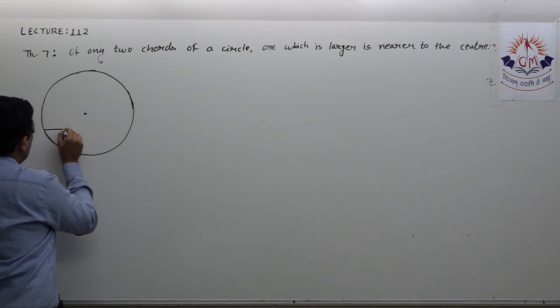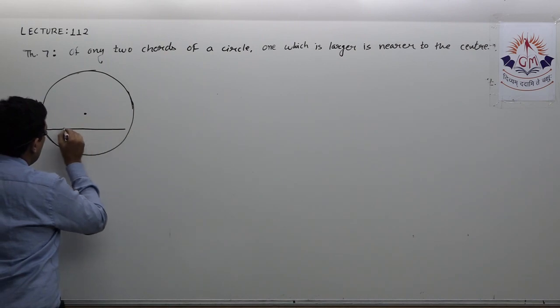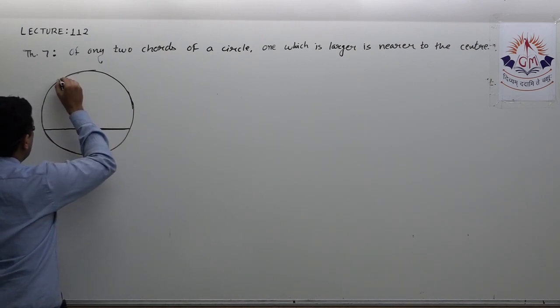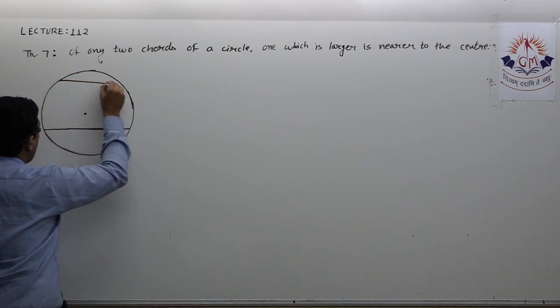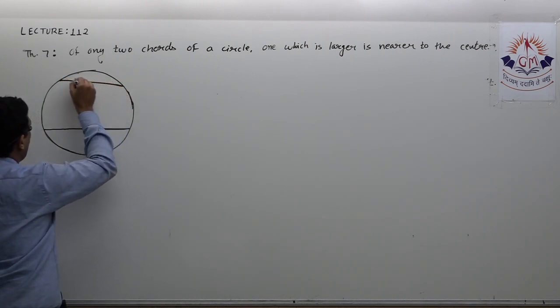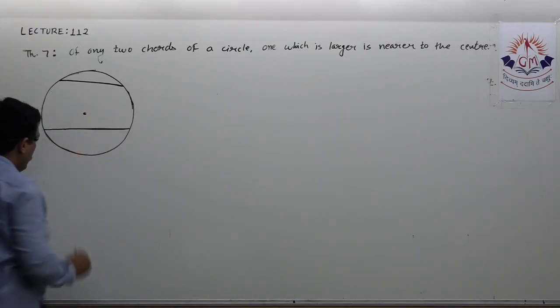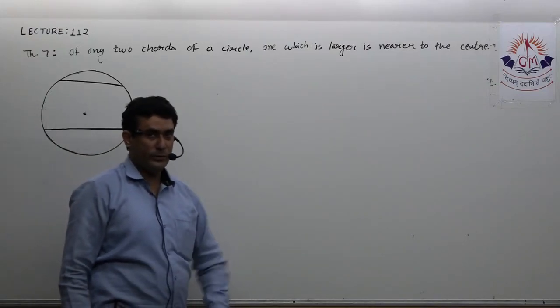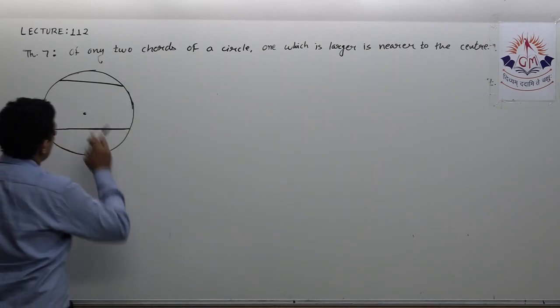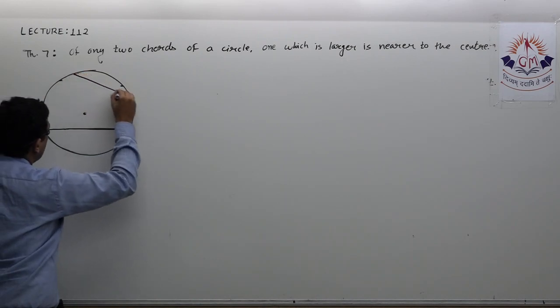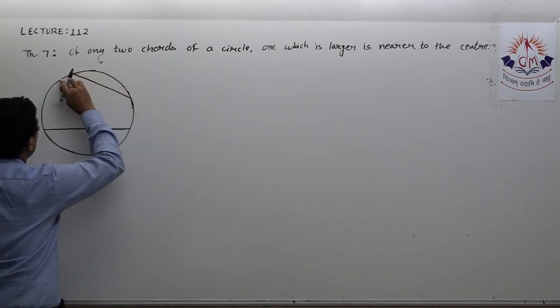So I am taking this chord as the larger chord and this as the smaller chord. Intentionally I took chords which are not parallel, because parallel lines give you some extra information. Here it is not given that the chords are parallel, so that's why I took chords in such a way that they are not parallel.